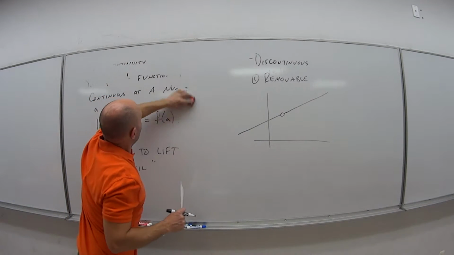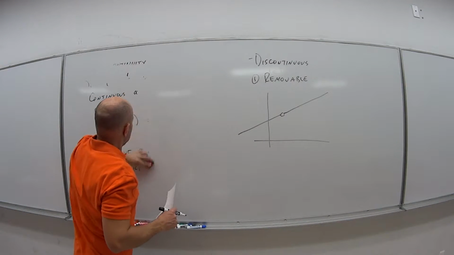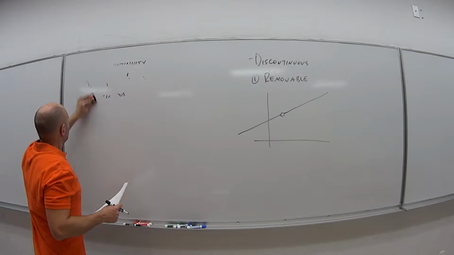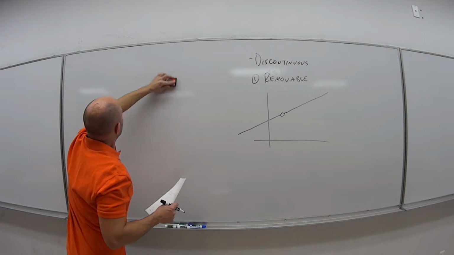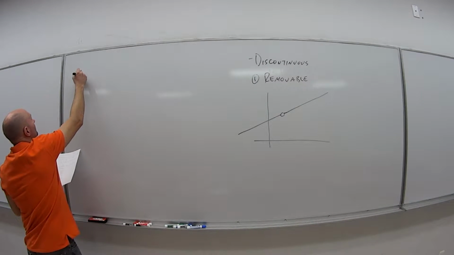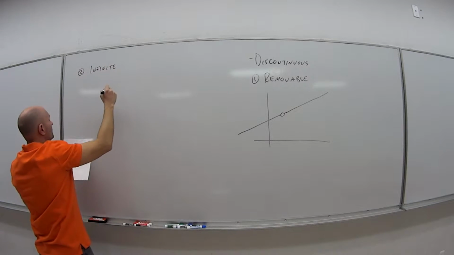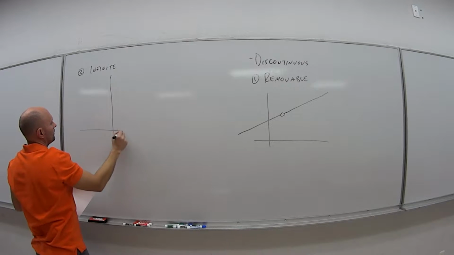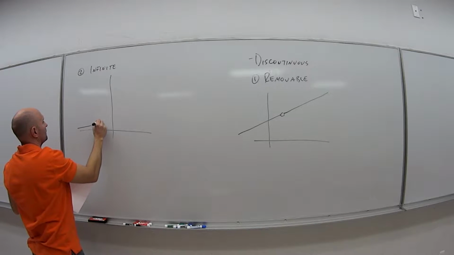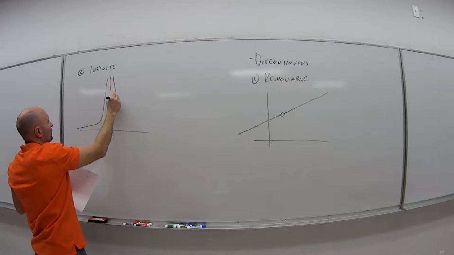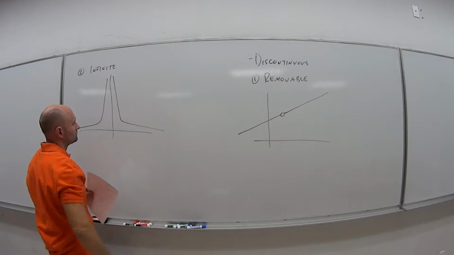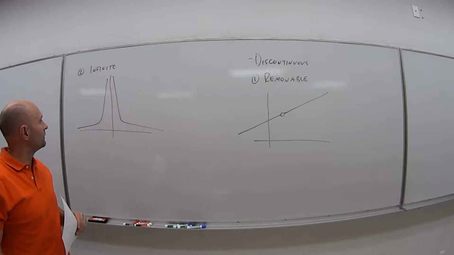The second type of discontinuous function would be the infinite function. So a graph of this one might look similar to the following. And we've seen this one already, like our 1 over x squared.